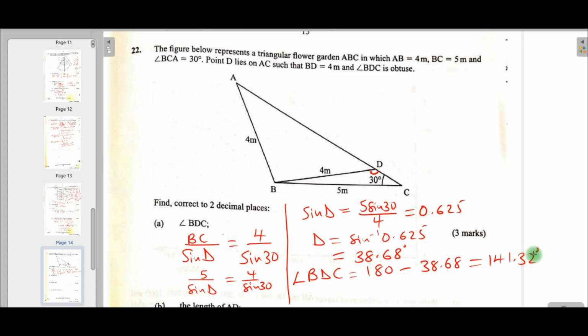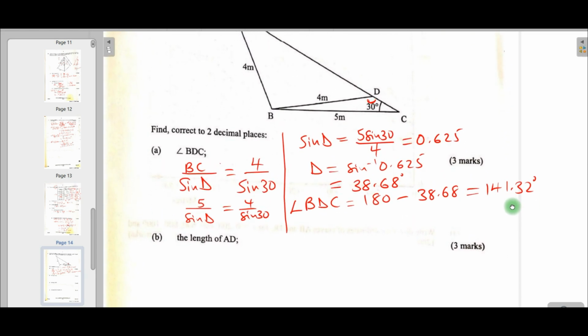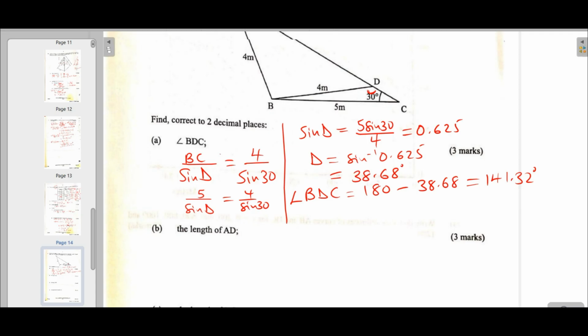Then we get the length AD. Right at this point here, this angle is 38.68, something very important we need to know.